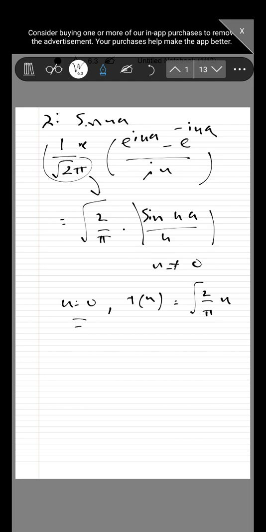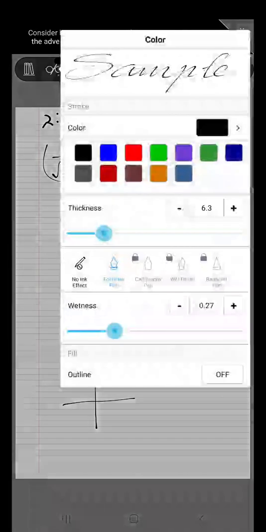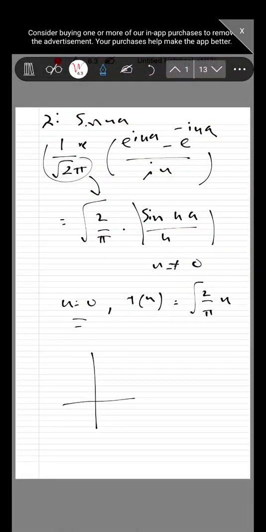So again, if we draw the plot, the original function is like this. If this is equal to 0 and this is 1, it's called a slit function. f(x) is equal to 1 for a particular value of a.